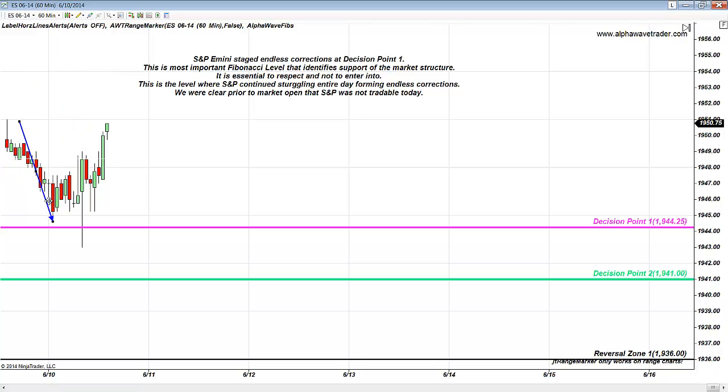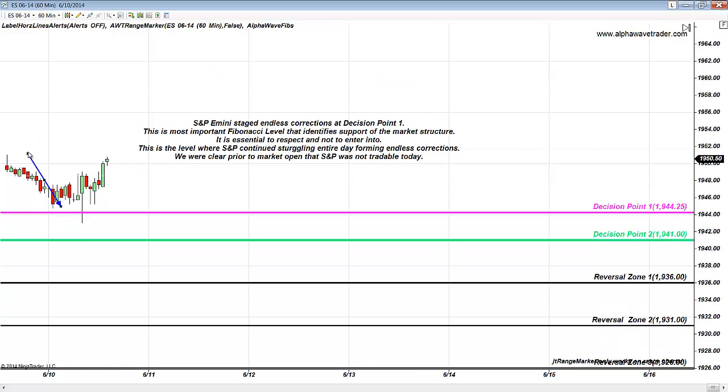And what did I say? I said, expect a very powerful rally towards the market close. Price spelled out that decision point 1, the end of the minor trend, shall be respected. And this is where the ultimate battle went on, and this is where buyers finally picked up the steam after a very brutal fight that no indicator on the planet will show you.